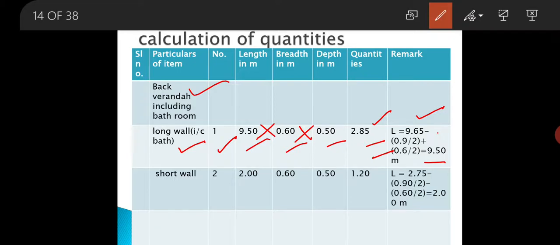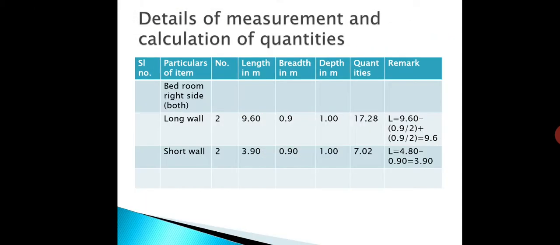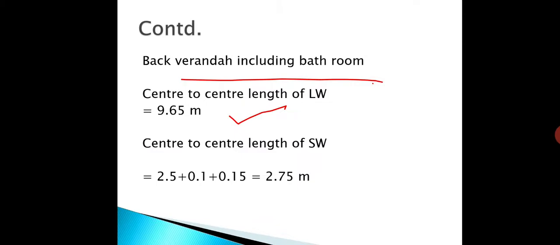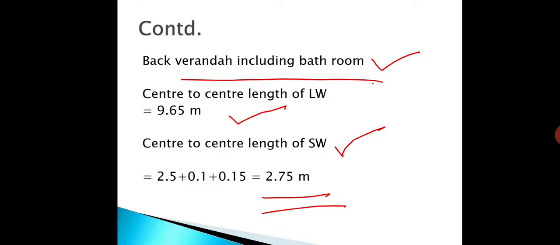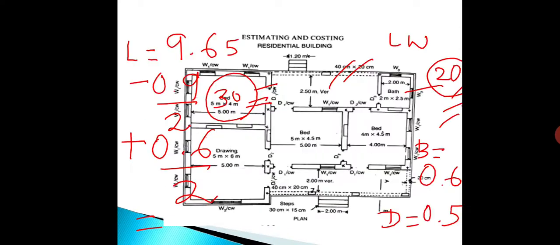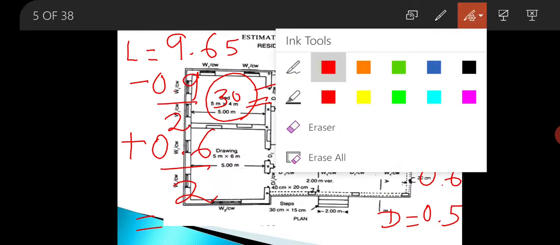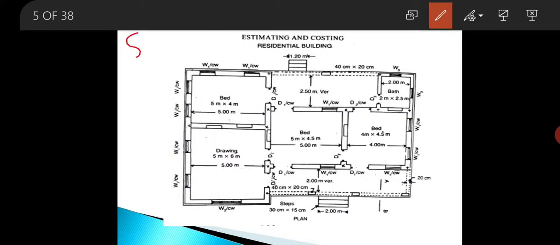Then we will move to the short wall. Okay, see here, the short wall of back veranda is having a length of 2.75 meter. So now we will go for short wall calculation. So there are two numbers of short wall. So the center to center length is how much? 2.75.